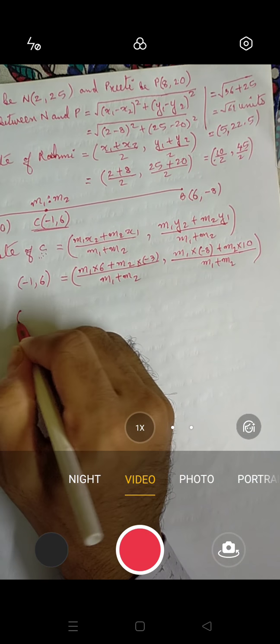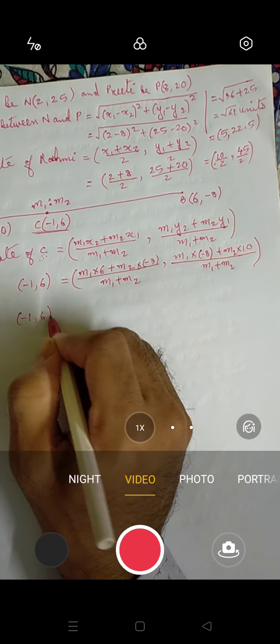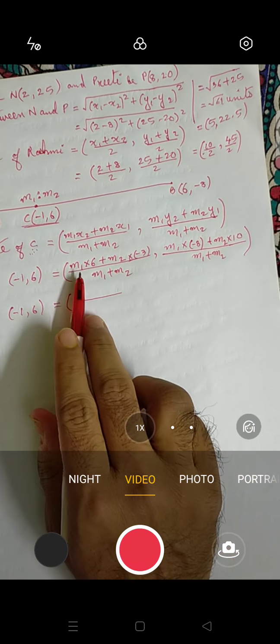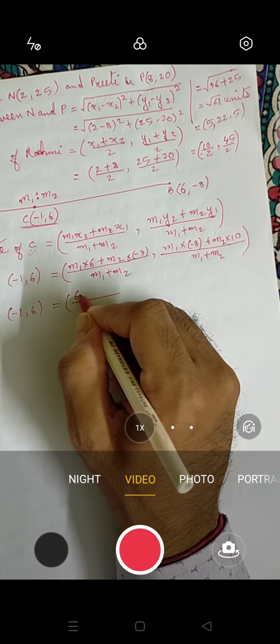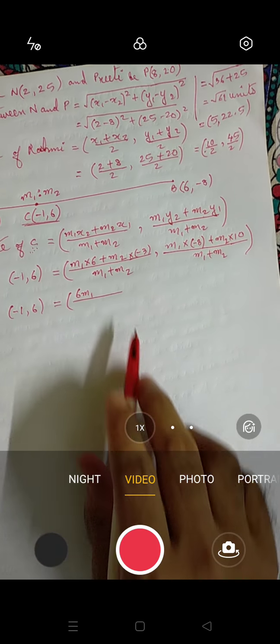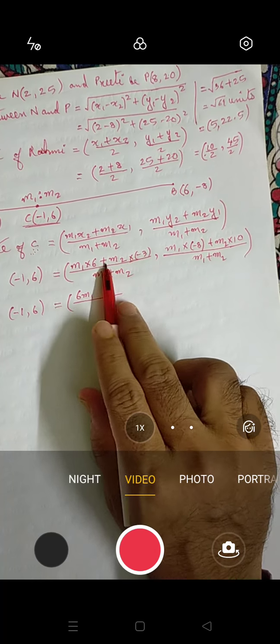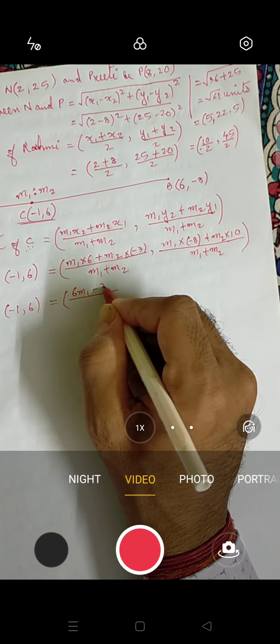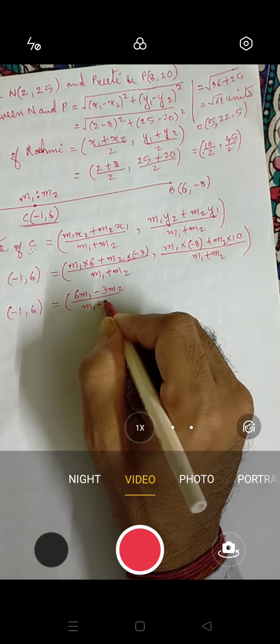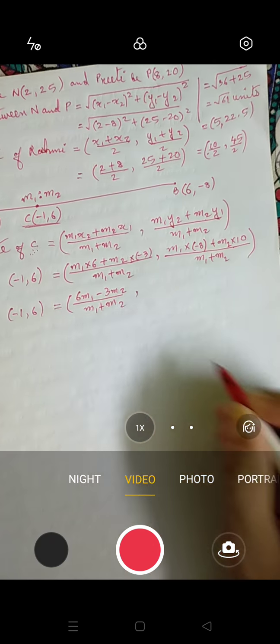Okay, now we can write minus 1 comma 6 equals to, now we are solving this. Now can I say that this will become 6m1? Then this is plus, this is minus. Plus minus is minus 3m2 by m1 plus m2, comma.